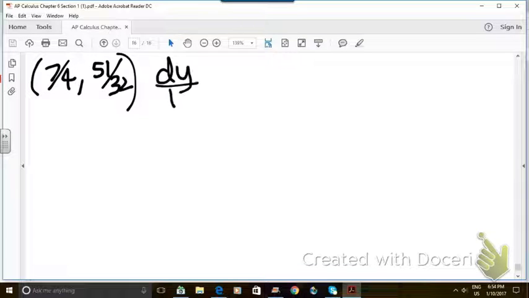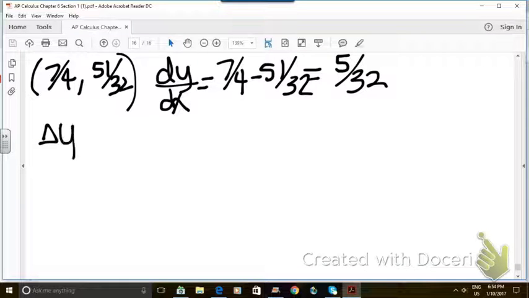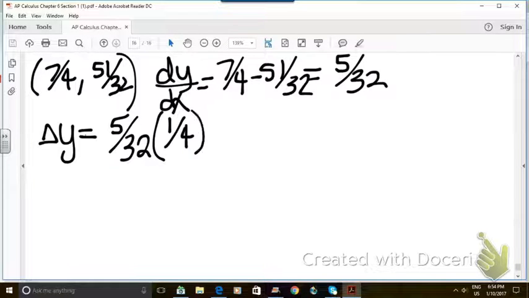And dy/dx equals 7/4 minus 51/32, which equals, this would be the same as times 8, so 56 minus 51, 5/32. So delta y is dy/dx times delta x, which is 5/128.